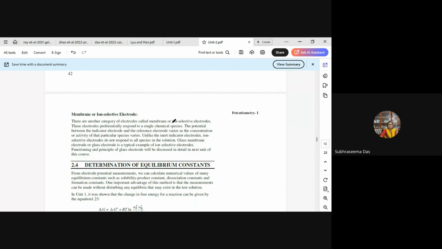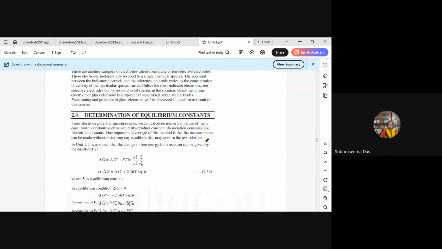So unlike the inert indicator electrodes, ion selective electrodes do not respond to all species. That is why they are called ion selective electrodes. For example, the glass membrane electrode, or the glass electrode, is a particular case of ion selective electrode, and these electrodes are used in pH meters.